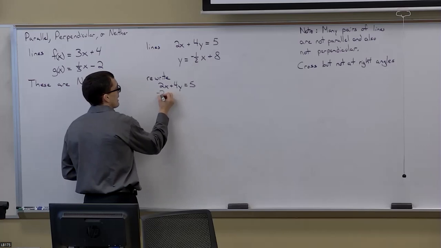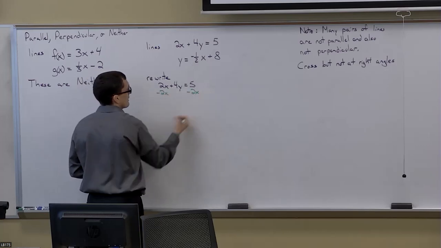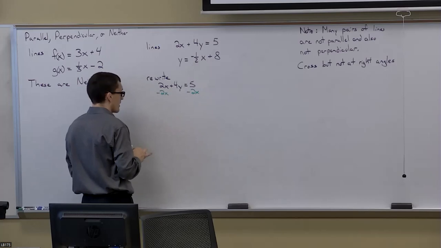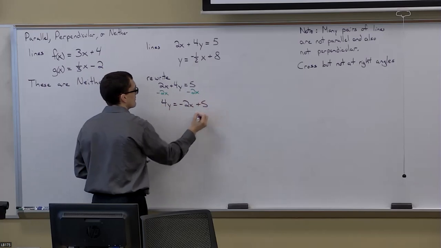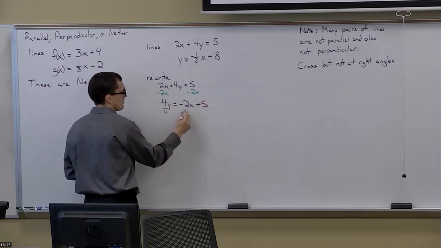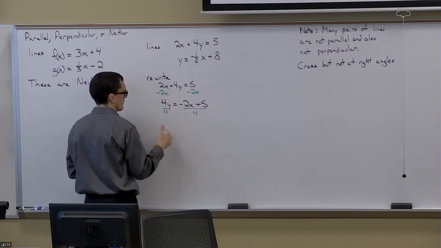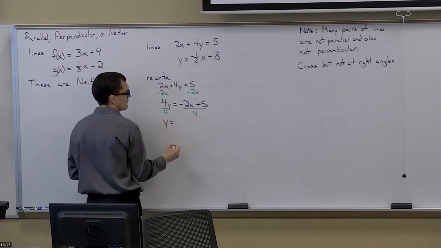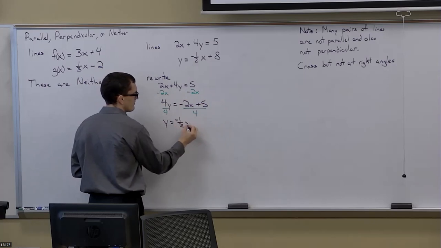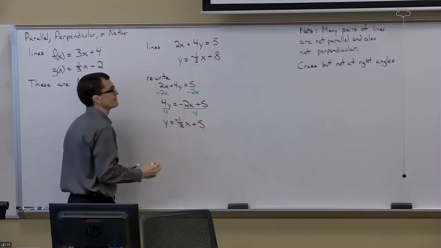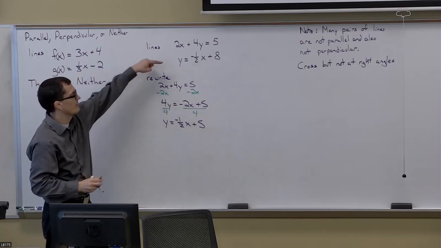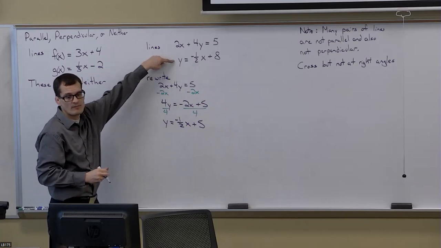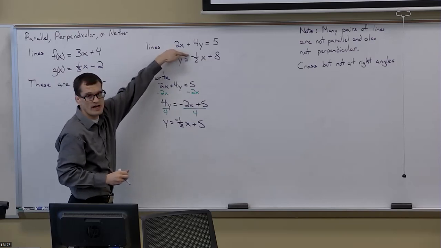So I'm going to subtract 2x from both sides, so I get the y by itself. We get 4y equals -2x plus 5, then divide everything by 4. y equals -2 over 4, which is the same thing as -1/2. So now I see that the second line I was given has slope -1/2.